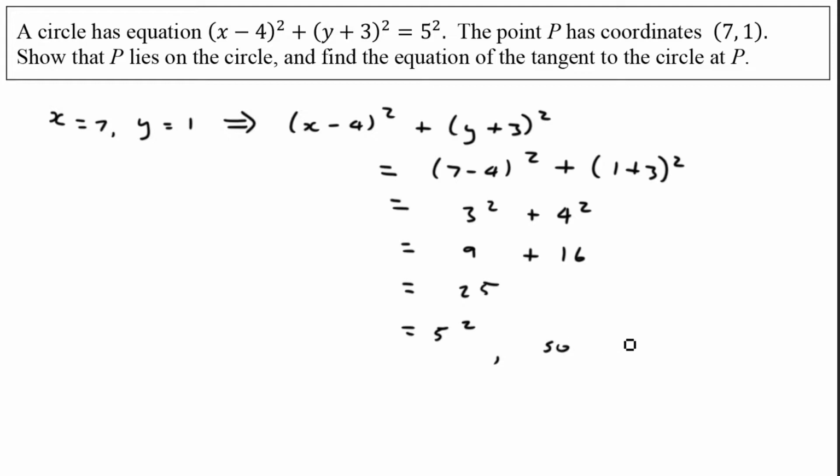Now we can conclude that P lies on the circle, because we didn't assume that we were going to get 5² until we actually got there.